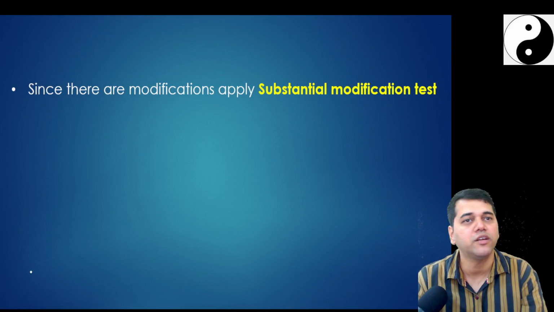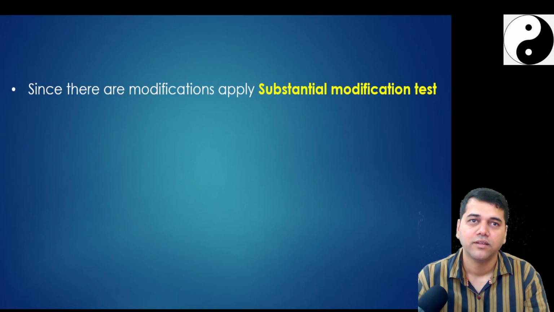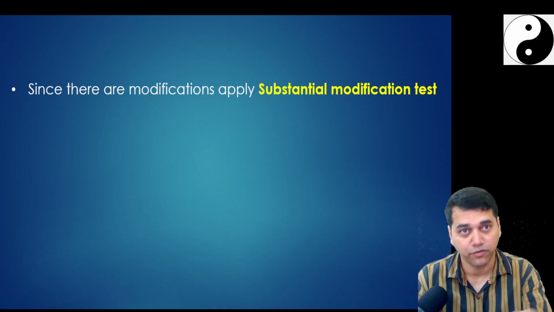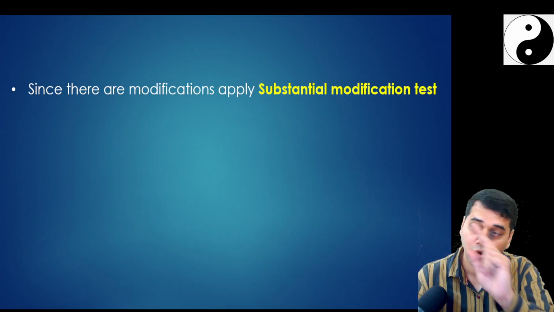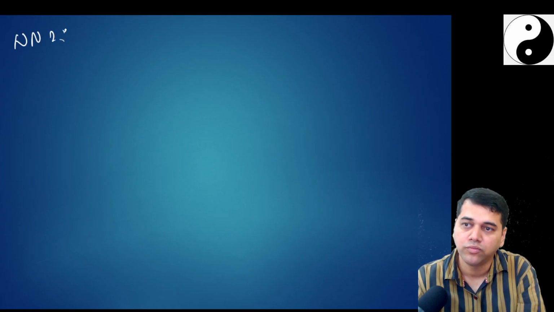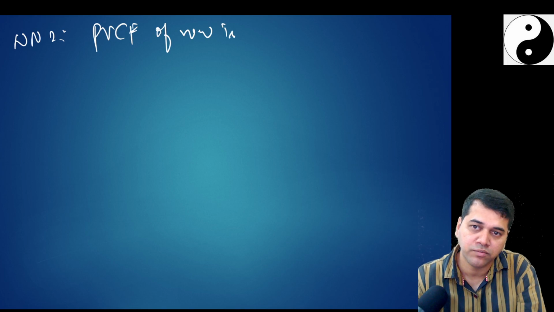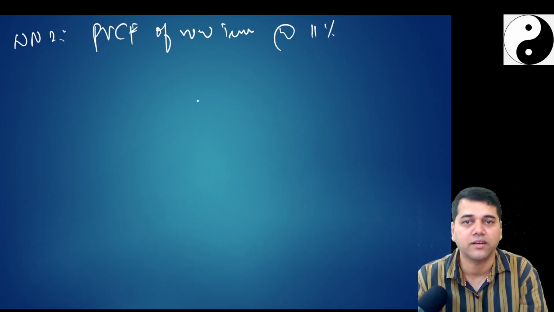So what do I need now? We have the future cash flows under new terms at the original EIR. So I will write one heading, working note number 2, PVCF of new terms at 11%, the old EIR.